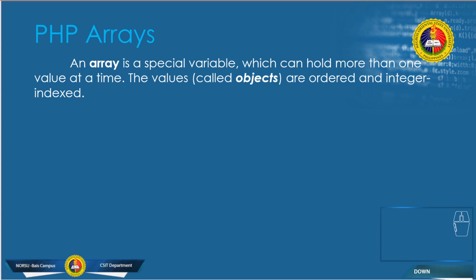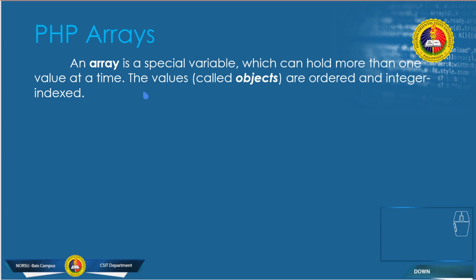For example, a variable age will only store one value, which is the age. If you create another variable for your name, it should be one value only, which is your name. However, arrays can have multiple values. That's why it is a special variable, because it can store multiple values at the same time, unlike the regular variable that can store only one.